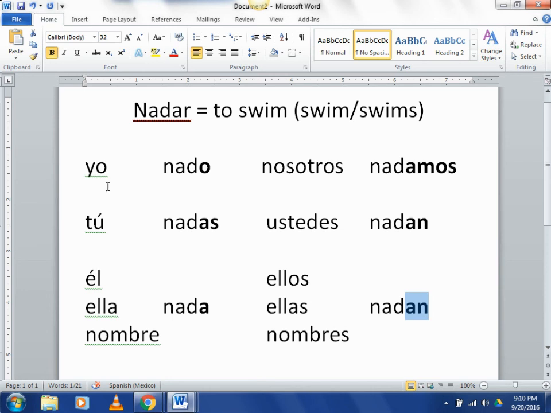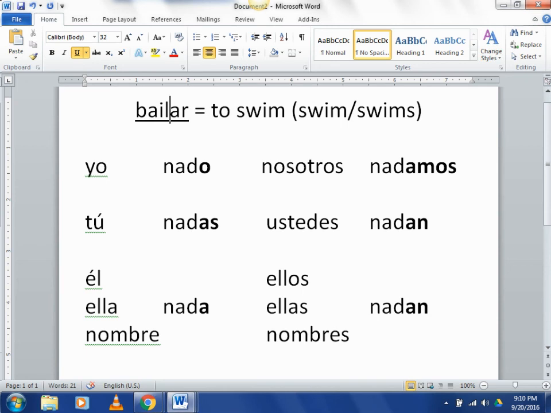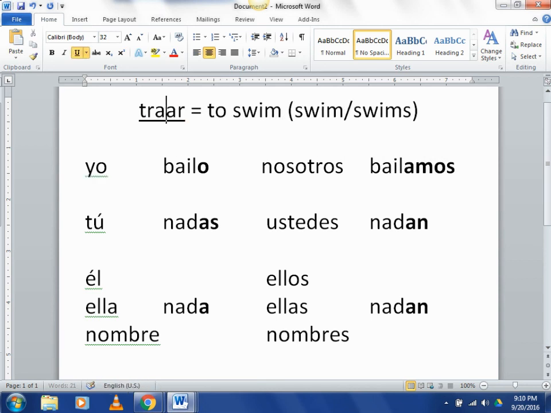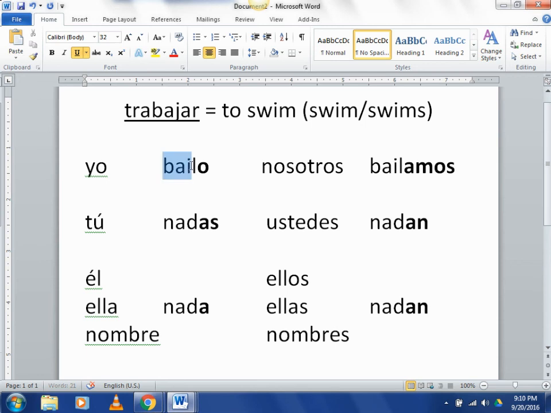Then you can substitute any verb in there. Bailar, to dance. Would just drop the AR, and the same ending goes on. Bailo. Bailamos. Okay, we've got trabajar, work. Drop that AR.